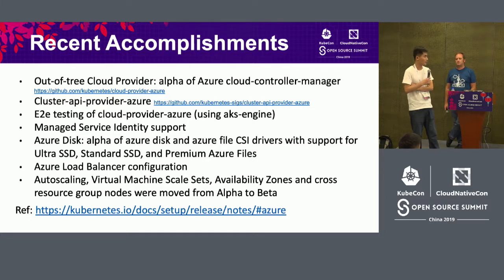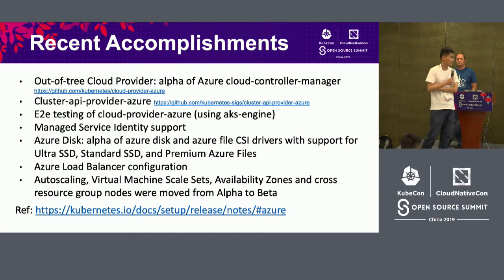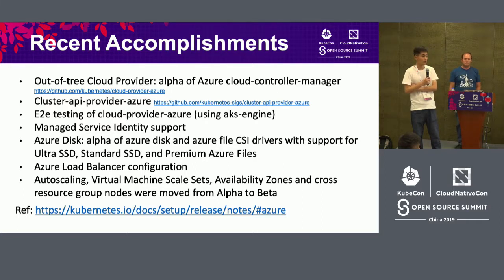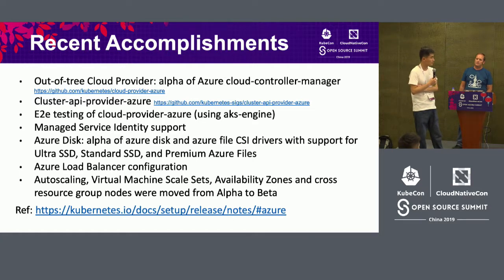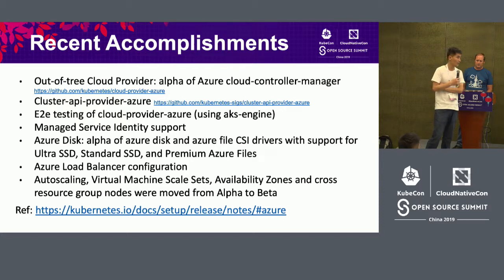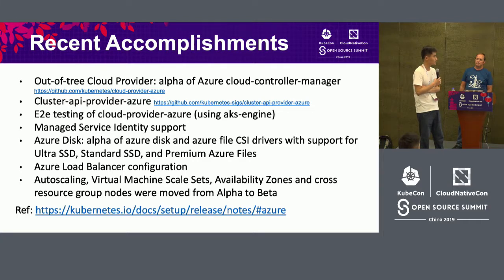For Azure, the cloud provider work has already started, and we have already set up the repo, which is under the Kubernetes org, and the repo name is cloud-provider-azure. Based on this, we have also set up some end-to-end tests and validated its functionality.